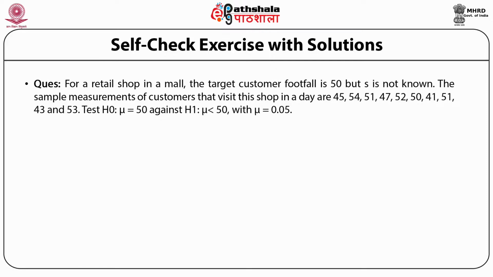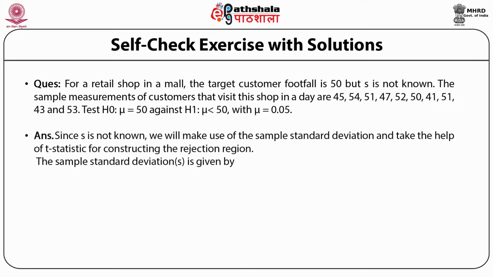Since sigma is not known, we will make use of the sample standard deviation. Since the population standard deviation is not known, and we have taken in this example the number of people visiting per day, we have taken a sample of 10 days.